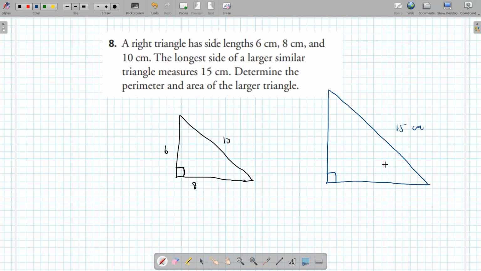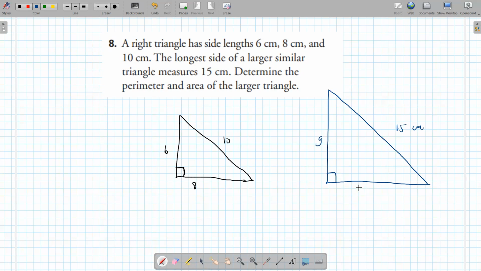All right, what's our approach for this one? It's the same idea as any similar triangle question. Basically, you're just going to find the scale factor. What is it here? 1.5. Yeah, 1.5. So this will be 6 times 1.5.